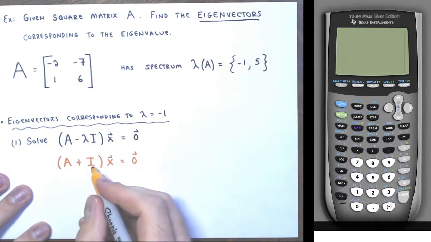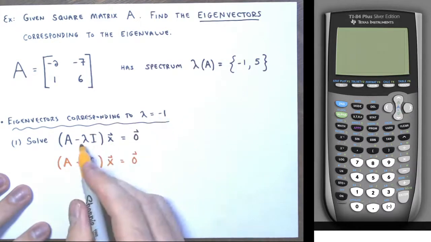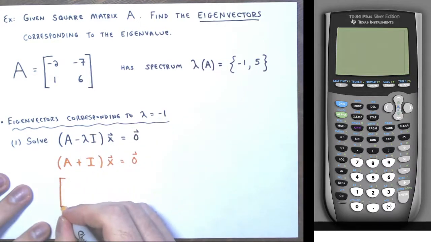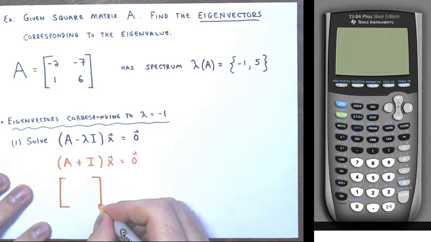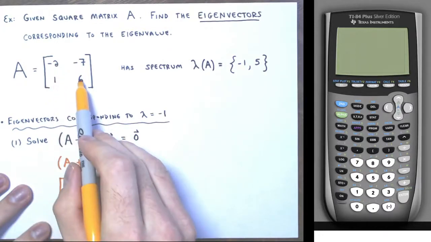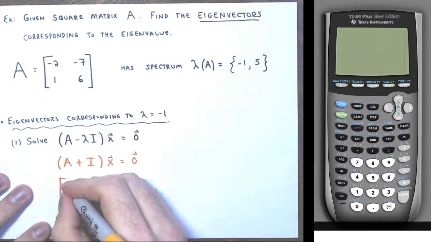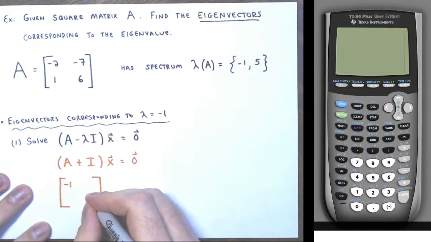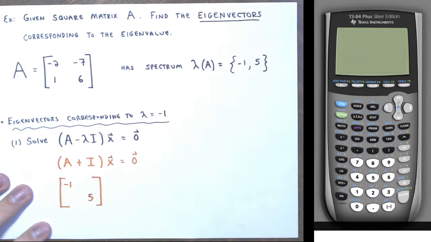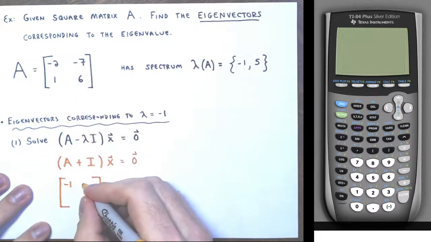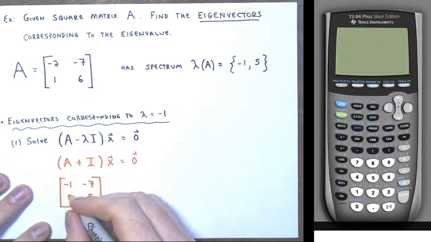So A plus I, or A minus -1I, is the 2 by 2 matrix where down the main diagonal I'm just adding 1 to the main diagonal. So that'd be -1, +5. Right? And then the other entries that aren't on the main diagonal, negative 7 and 1, stay the way they are. Negative 7, positive 1.